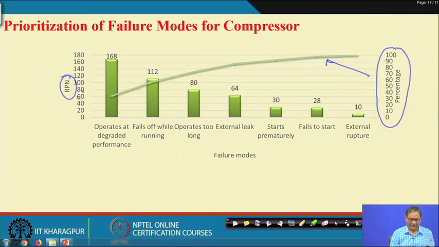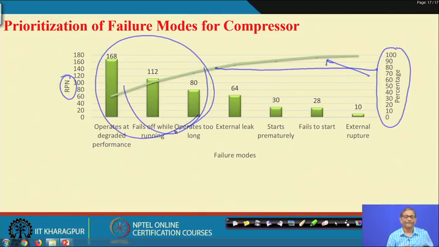So, here although there are RPN values, from the percentage point of view we will be interested in 80% of cases. Suppose 80% is this. So, that means these three failure modes are having 80% of the overall total risk RPN values. So, your concentration will be first here, here and here, maybe here followed by here, followed by here.